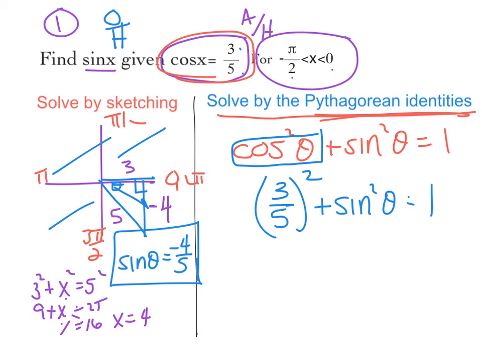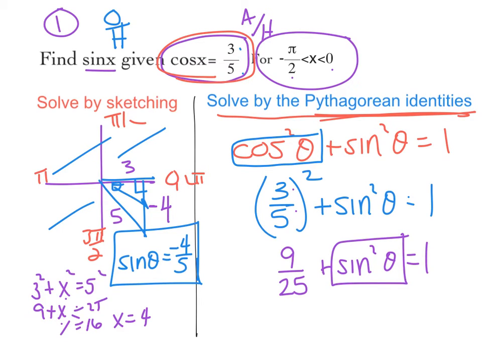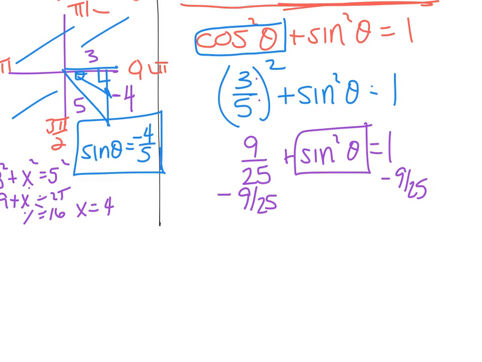Now we just have to clean up our math. When you square a fraction, you square the top and you square the bottom, so no, you don't need a calculator. 3 squared is 9, 5 squared is 25, plus sine squared theta equals 1. Obviously, I want to solve for sine squared theta, so I'm going to subtract 9 over 25 from both sides. So again, you shouldn't need a calculator. I'm saying sine squared theta equals.